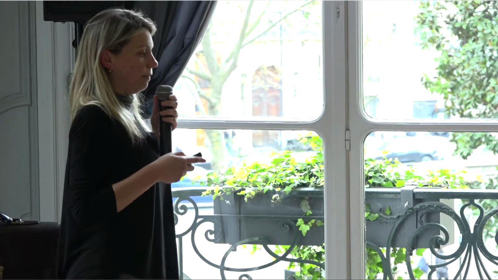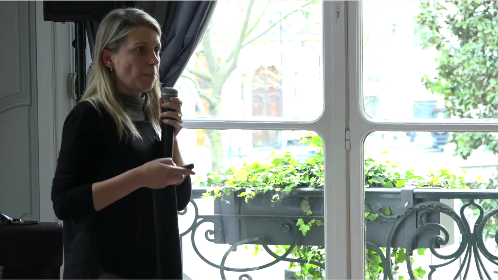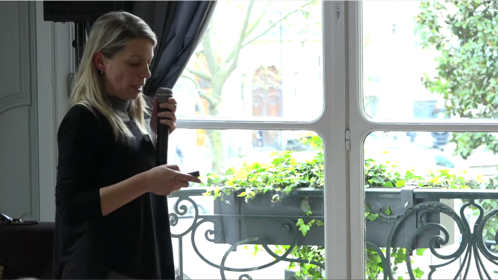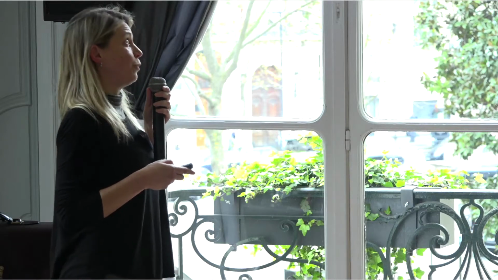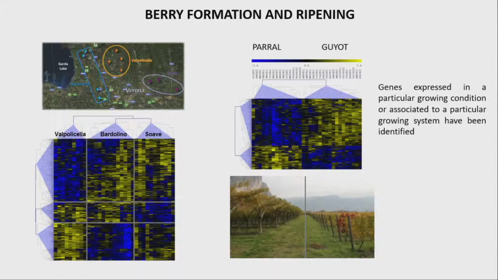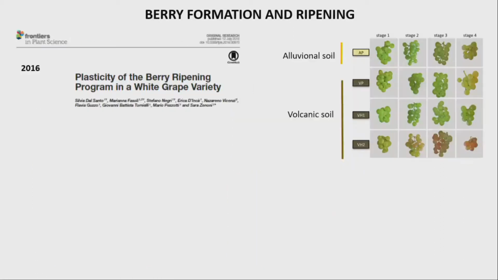We found that the vintage has a very strong effect on gene expression, more than the growing condition. But we are also able to find genes whose expression could clearly separate the 3 growing conditions, and also genes that are able to separate the growing system of this cultivar.